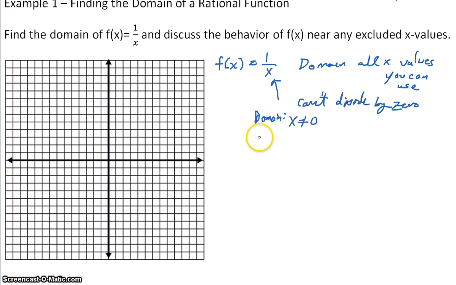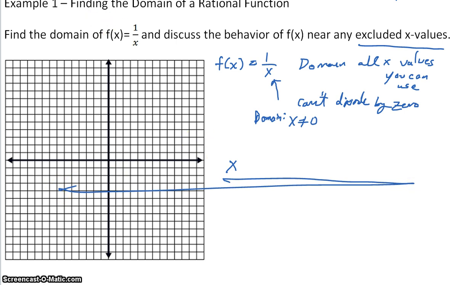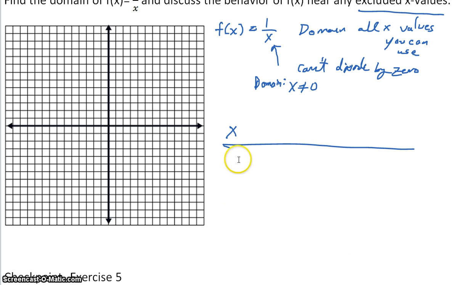Now we just need to figure out what exactly it looks like near this excluded value. So let's take a look at some values on a table. If I take a number and 1 divided by that, it's another way of saying the reciprocal of it. So if I take 1 divided by 1, I'm going to get 1.